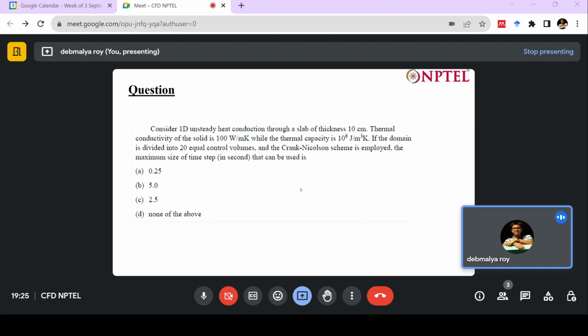So how would we do that? Which knowledge is required for this? The question asked is regarding maximum time step size, so that would come from the stability analysis of these particular equations.